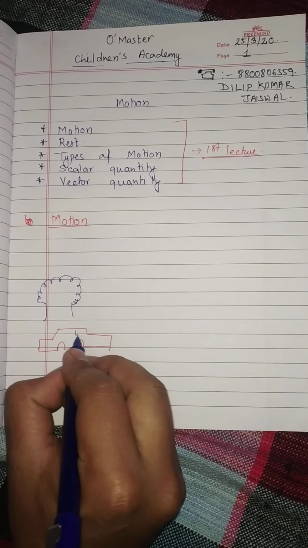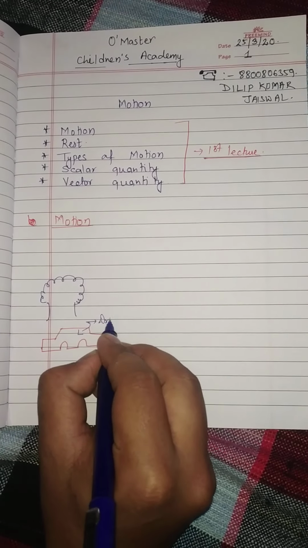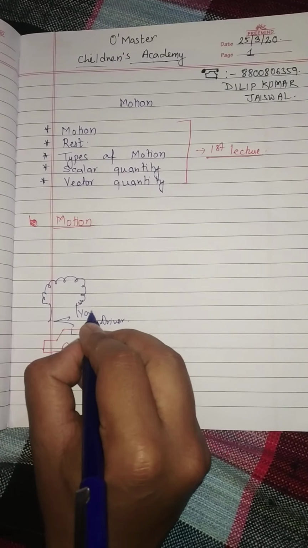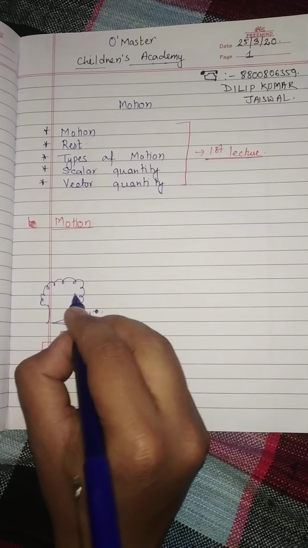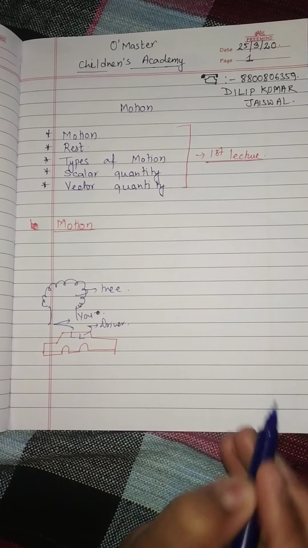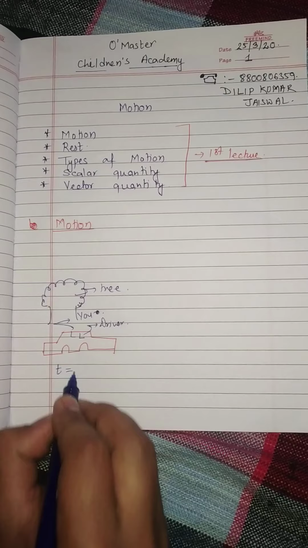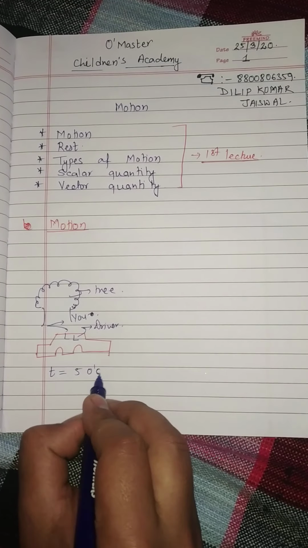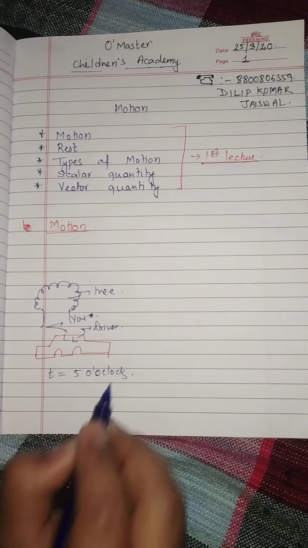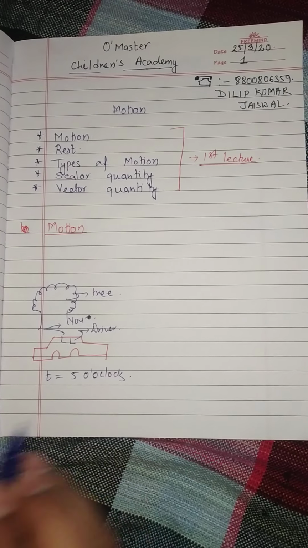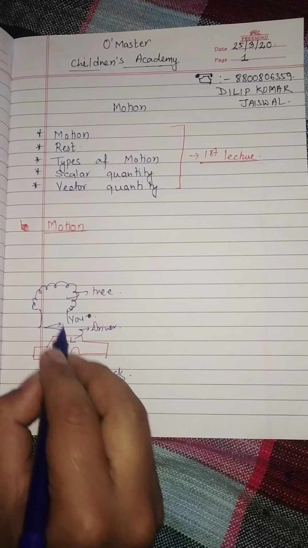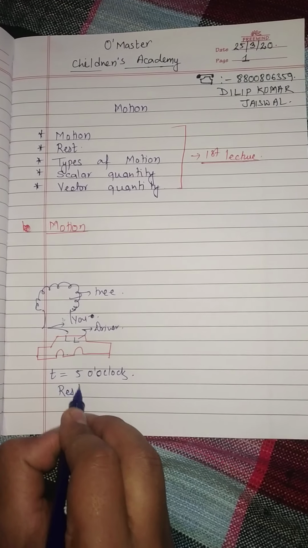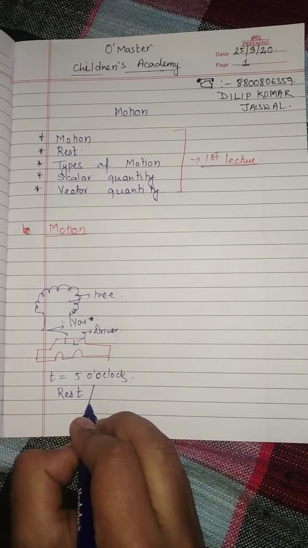In this car, there is a driver on the front seat, and let's say you are sitting over here, and this is your tree. If I say let's take the time 5 o'clock, what you will see? Both of them are just at rest, or they are just stopped.